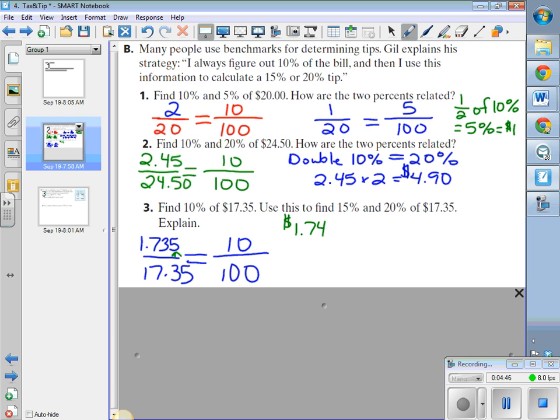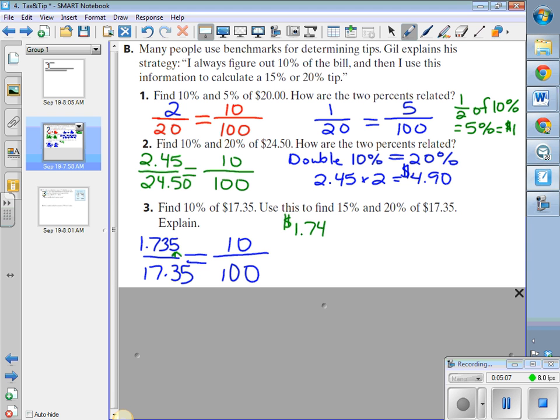Okay, and then I have to find 15% and 20% of this. I have to cut this in half to find 15%, because half of 10% will give you that 5%, and then I'll add those two together.